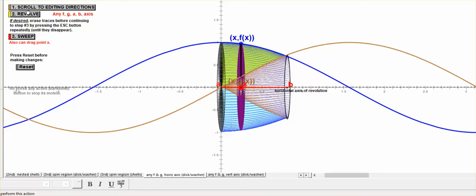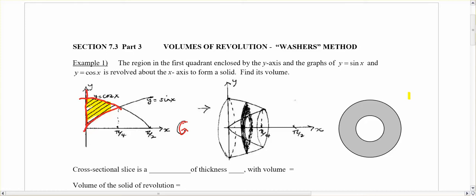It comes from the fact that our region that we're revolving isn't flush up against the x-axis. There's a gap between this bit of the curve and the x-axis. So when it revolves, it leaves a hole, an empty space in the middle. I always think that this would look like a dog bowl on its side.